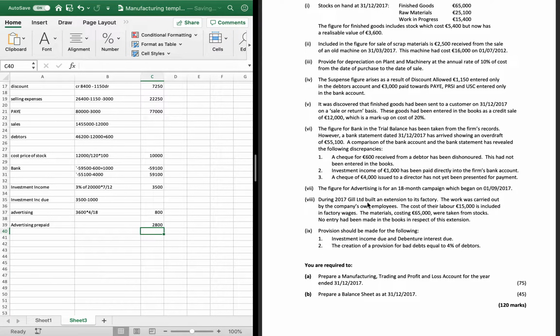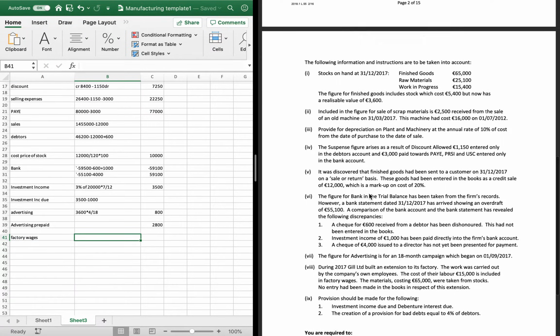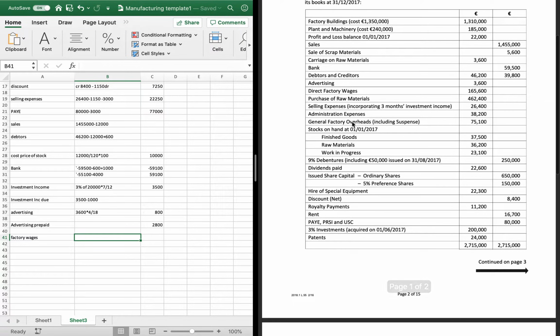All right, the factory working then. During the year, Gill built an extension to the factory. The work was carried out by his company's own employees. The cost of their labour, 15,000, is included in factory wages. So what we're going to do there is take it out of factory wages. Where's factory wages here?